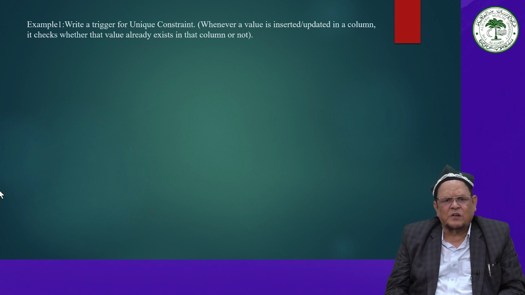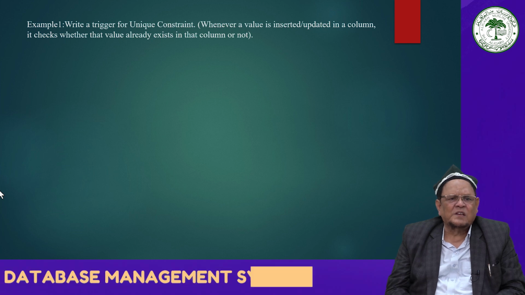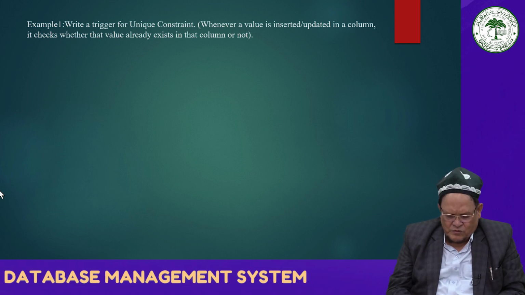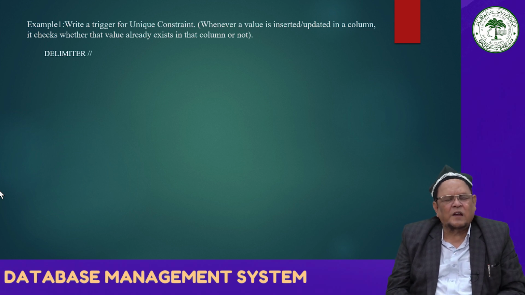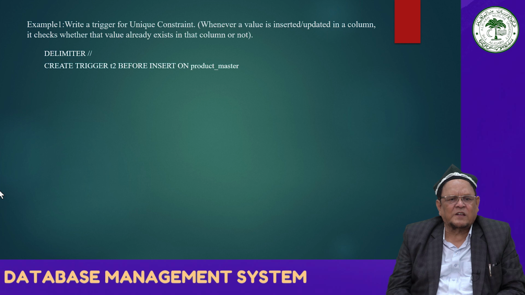To write a trigger for a unique constraint, whether a value is inserted or updated in a column, it checks whether that value already exists in that column or not. For that, in the same way you have to write delimiter, then create trigger T2 before insert on product master.